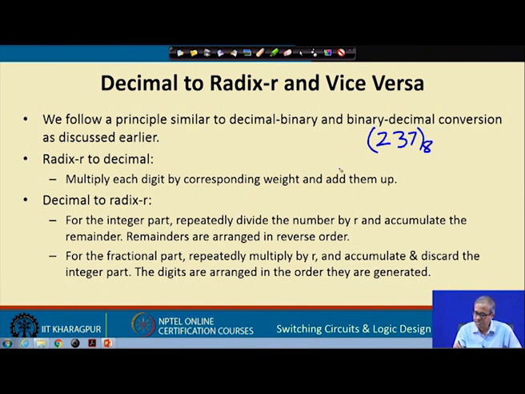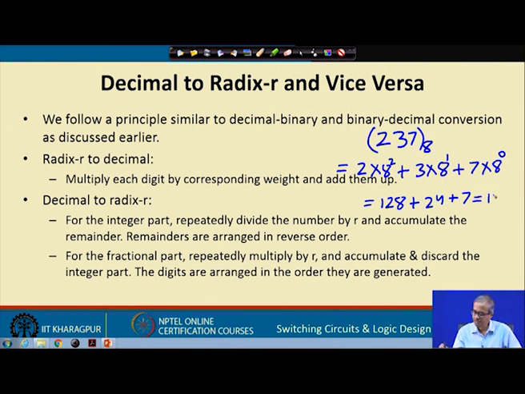Each digit position will have some weights. So, it will be 2 multiplied by 8 to the power 2 plus 3 multiplied by 8 to the power 1 plus 7 multiplied by 8 to the power 0. 8 square is 64, 64 into 2 is 128, plus 24 plus 7.